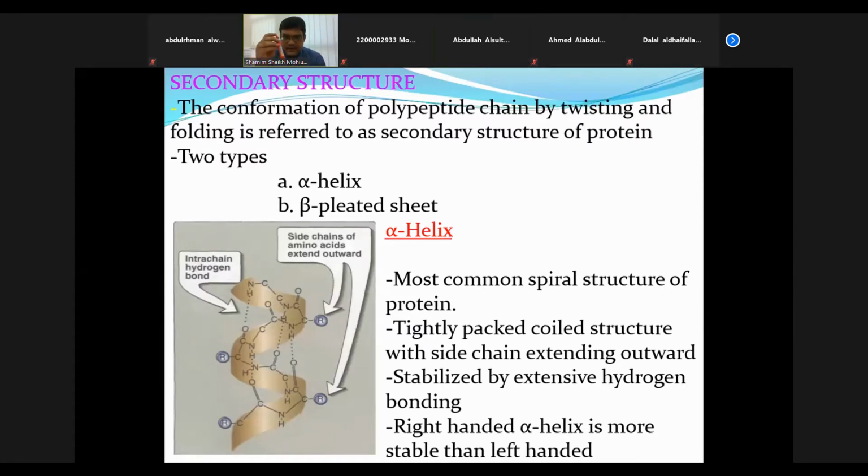When you rotate the primary structure in the clockwise direction, you will get the right-handed alpha helix. Clockwise is right-handed and anti-clockwise is left-handed. The primary structures are twisting, but in which direction? For the right-handed alpha helix, it is twisted in the clockwise direction.